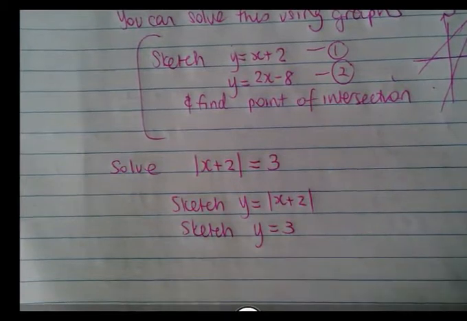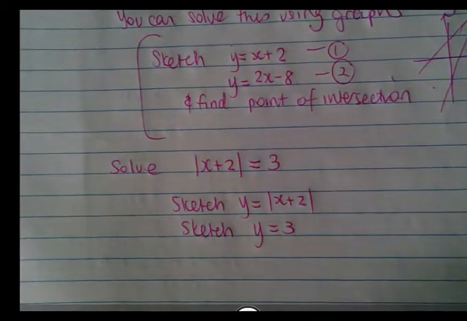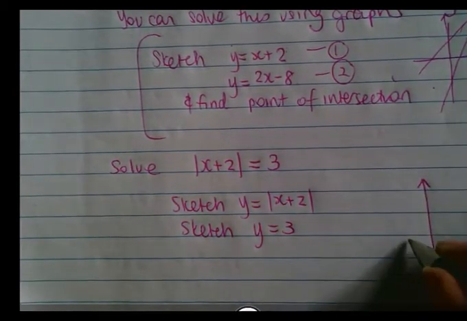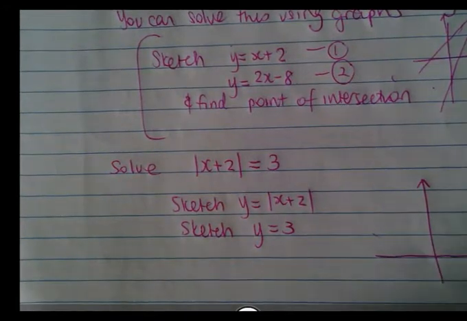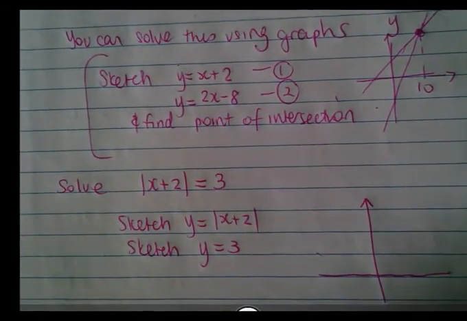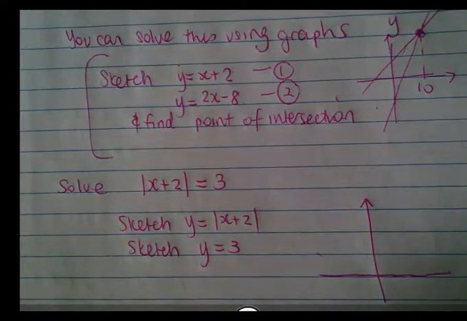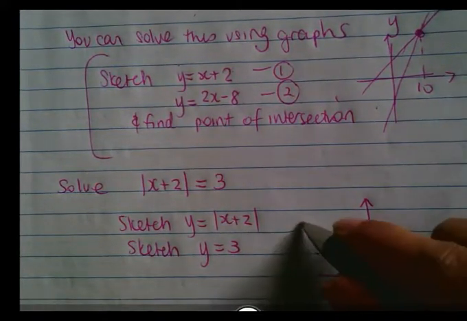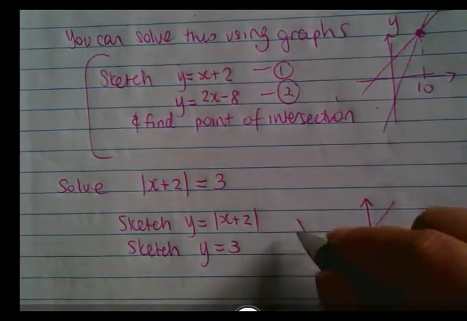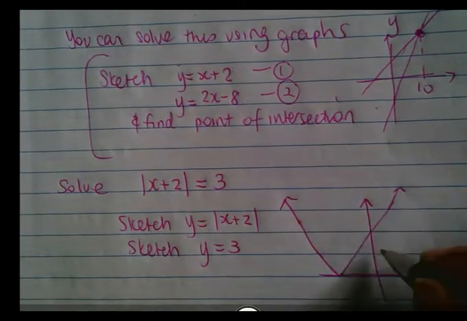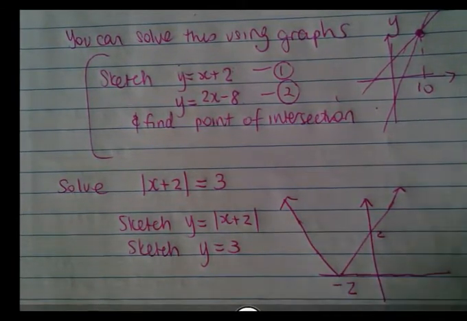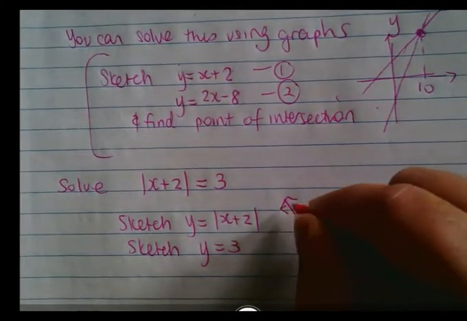What's y equals 3? It's a straight line. So, do you know how to sketch y equals absolute value of x plus 2? It's the V shape shifted left or right? To negative 2. And how do I sketch the line y equals 3? No, it's that.